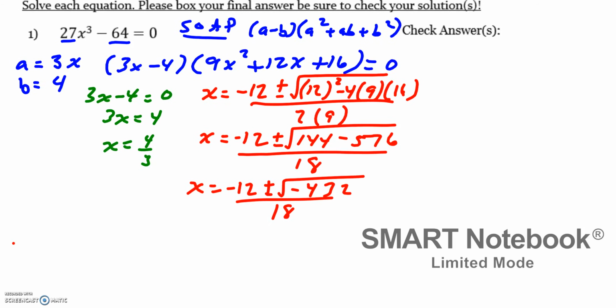Now if I think about 432, that's pretty large. So I can split that into 144 times 3, because 144 is a perfect square. So that'd be x equals negative 12 plus or minus the square root of negative 144 times the square root of 3, all over 18.